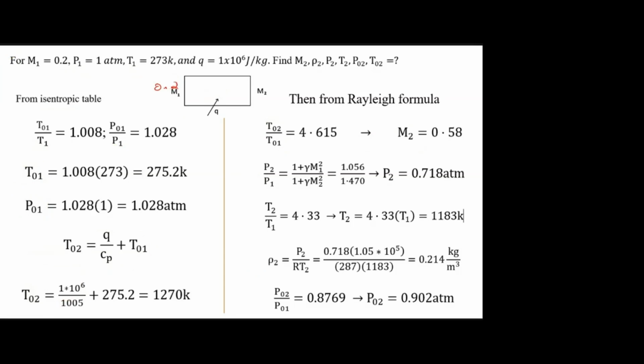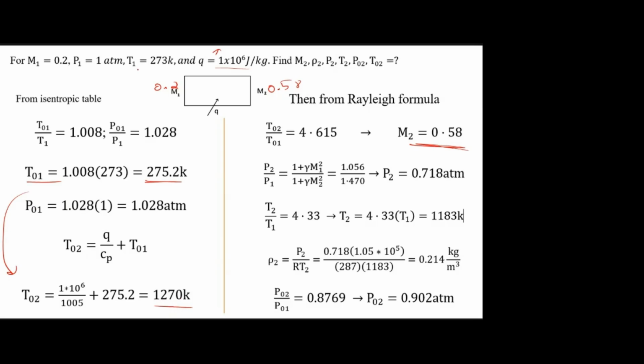Now from these values, we will see how the Mach number and other properties change. We have taken the Mach number 0.2, and because of the heat addition, it is accelerated to 0.58. From 0.2 to 0.58 it is increased, and clearly there is heat addition. So definitely T01 and T1 will increase. T01 is 275, and due to the heat addition it is increased to 1270.